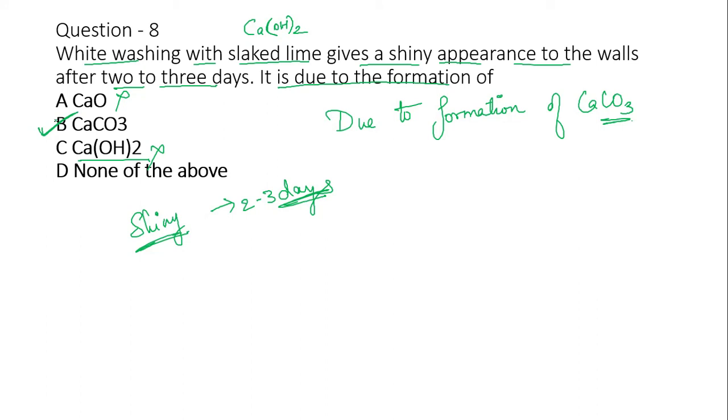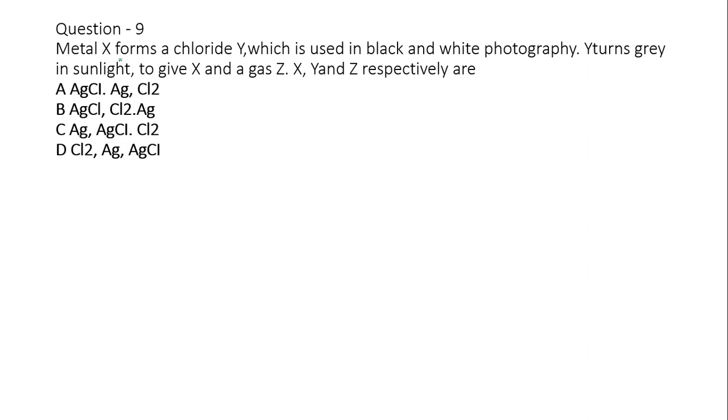Moving to the next one. Now, see, metal X forms a chloride Y, which is used in black and white photography. Y turns grey in sunlight. Okay.